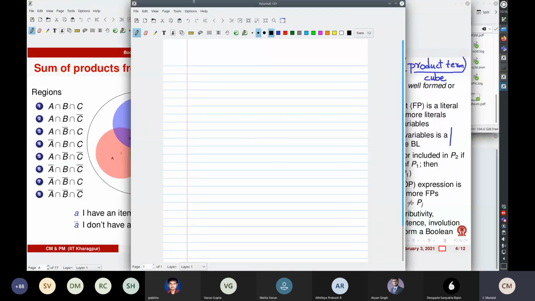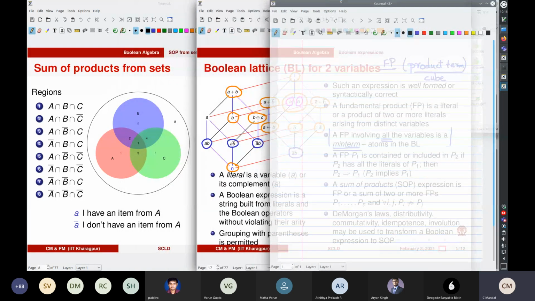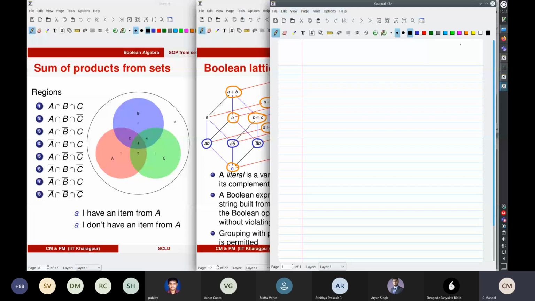What I saw is that every element of a Boolean lattice has a representation as a sum of atoms.